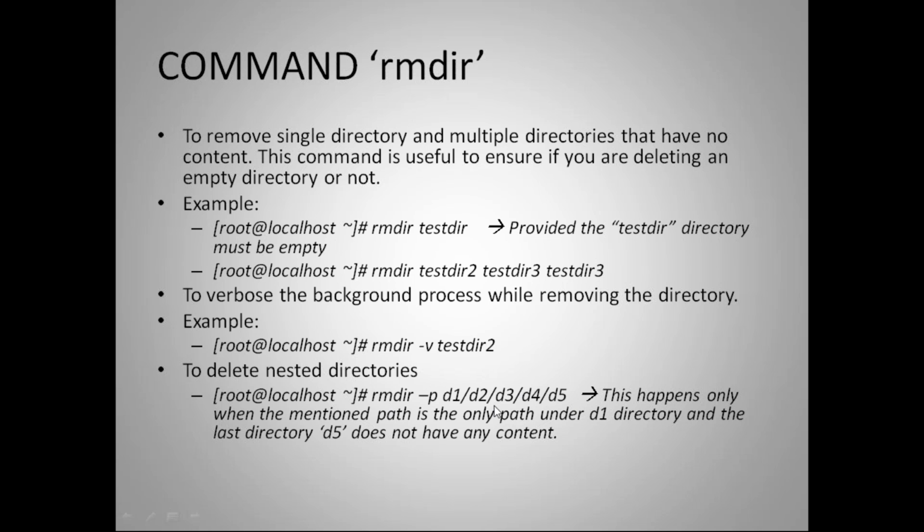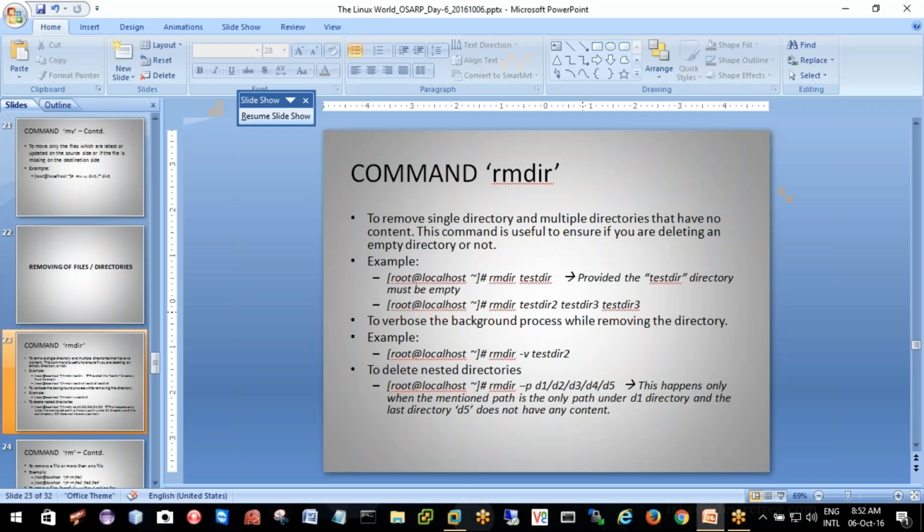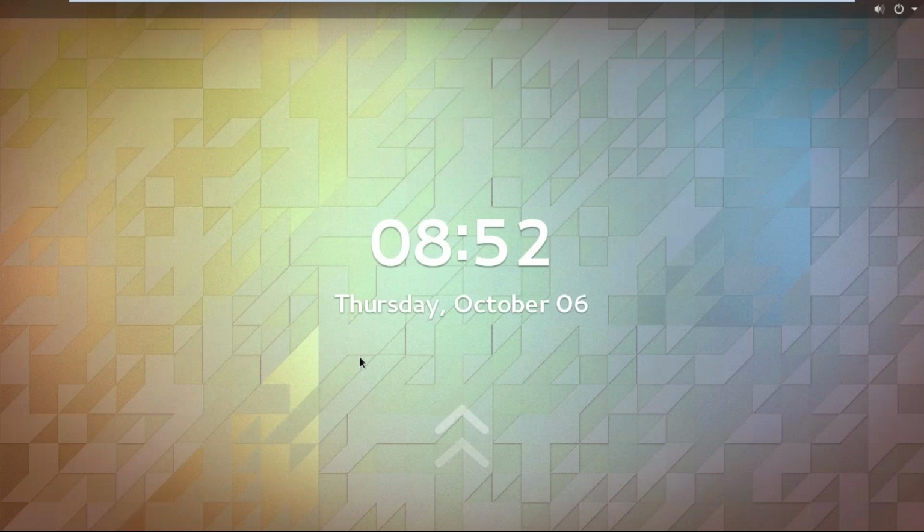And while this is happening, it removes along with the parent directories, until D1. P represents parent, as you saw in mkdir, and currently in rmdir also -p is there. So let me create this structure first.